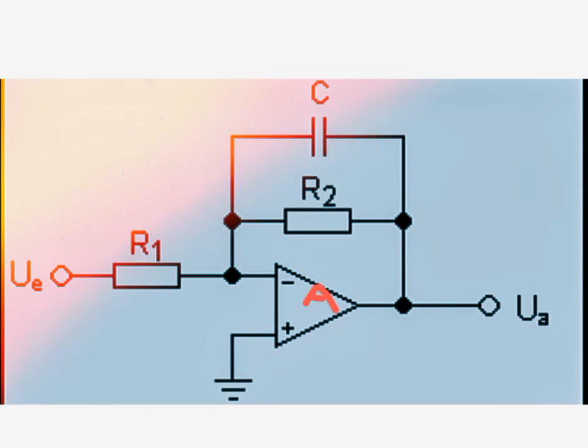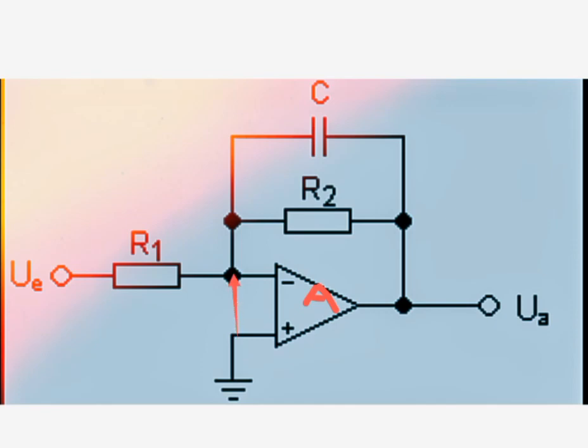It means the voltage at the negative pin of the amplifier is equal to the voltage at the positive pin. The positive pin is connected to ground, therefore this ground potential comes to the negative pin.